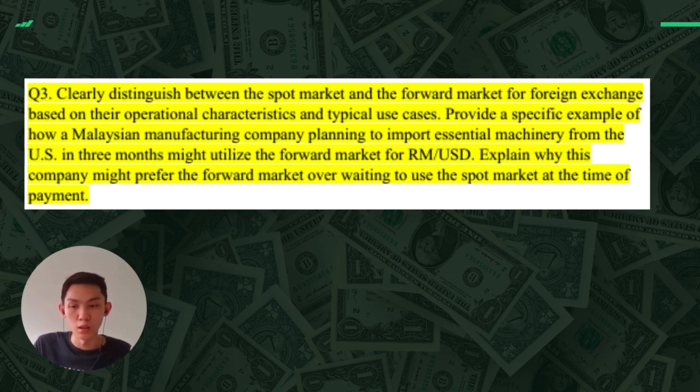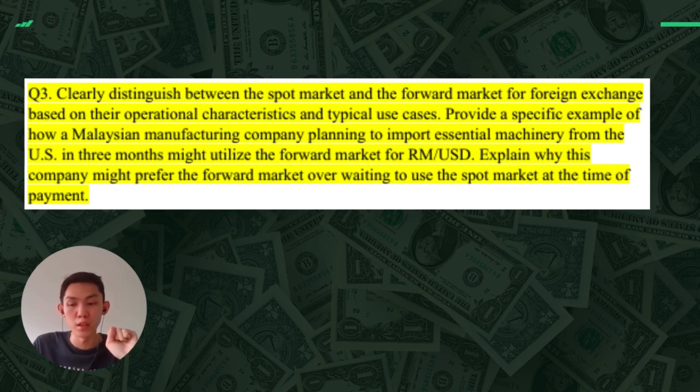Just now we said the 3 months forward rate is $1 equals 4.25. So if the company chooses to use the forward market, the guaranteed cost equals 4,250,000.